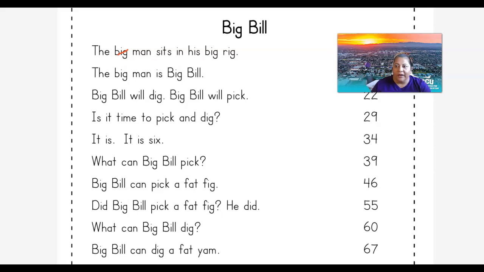That way it helps you to know what they are doing. Are they decoding wrong? Are they just guessing, knowing the initial letter and then guessing the rest? So that's how you do it.